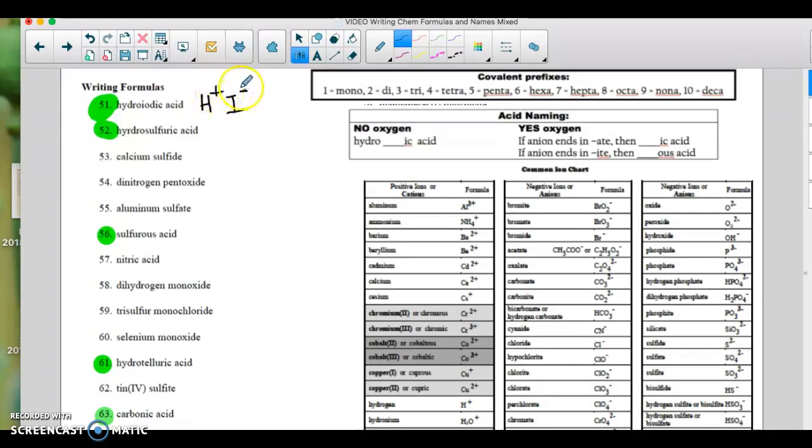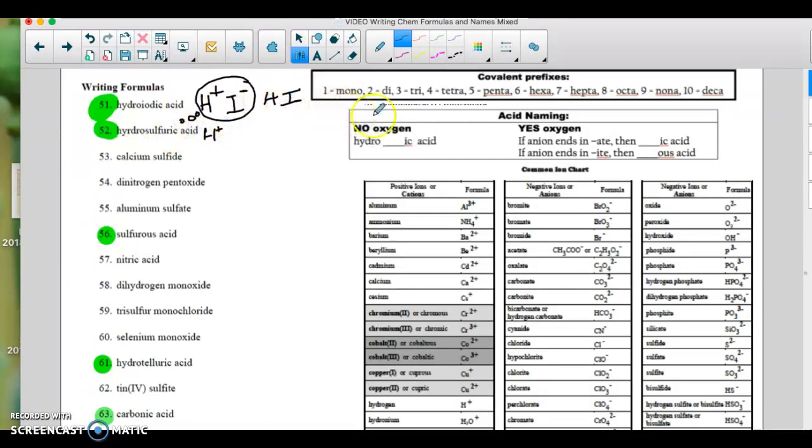So this is my thinking bubble. I don't have to show this, but if you're struggling, you're for sure going to need to think this through, that the charges are equal. So the formula is just going to be HI. Here's another one with hydro. Spelled wrong, but so again, we know it's an acid. It's going to start with hydrogen.